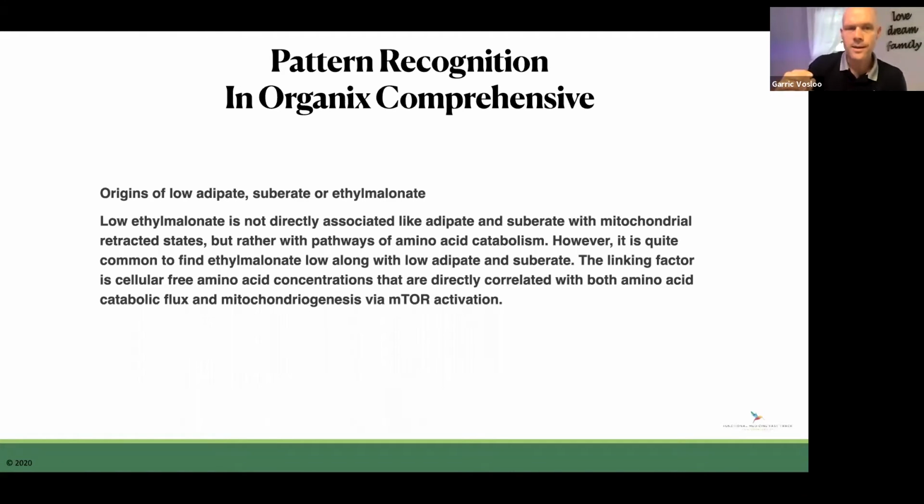It is quite common to find ethylmalonate low along with low adipate and suberate. And the linking factor is cellular free amino acid concentrations that are directly correlated with both amino acid catabolic flux and mitochondrial biogenesis by mTOR activation. So that's how that works, if that is something that you were thinking about there.